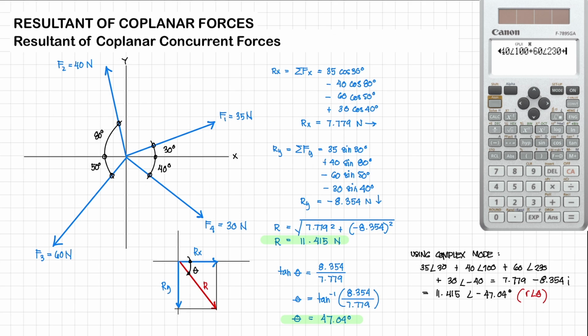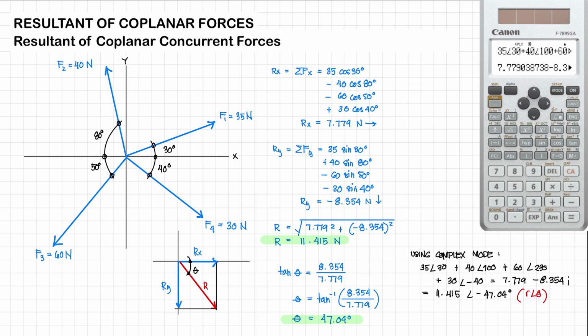Plus F4, so that's 30. And for the angle, if we're measuring in the clockwise direction, this is going to be negative, right? So we're just going to place that as negative 40. All right, and then click equal.